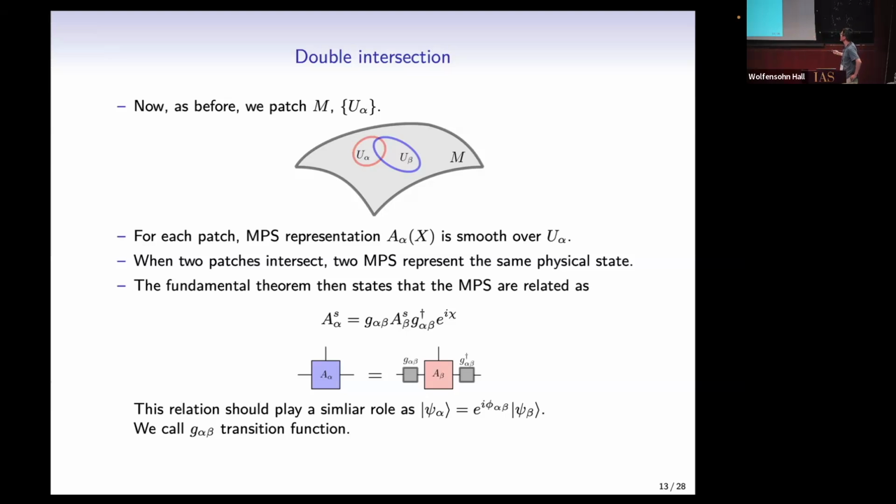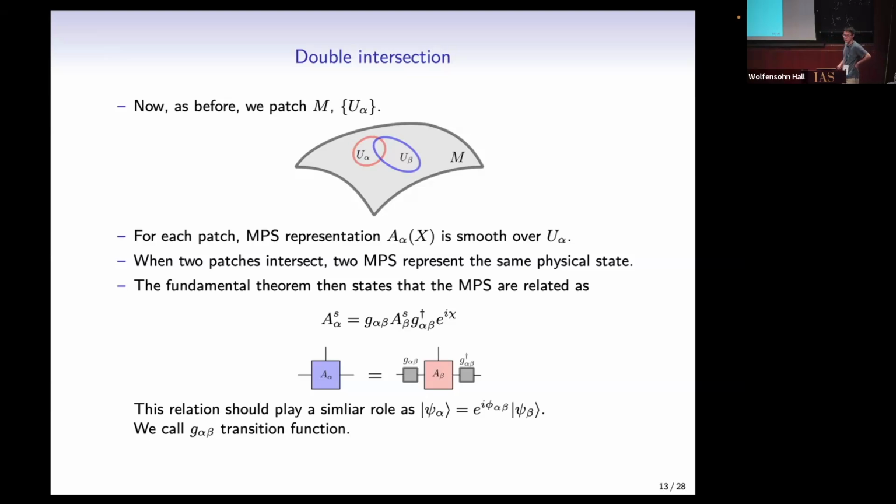As before, I may have to patch the parameter space. So I put this index alpha to represent that this is A in the patch U alpha, and then I have such patches. Okay. So anticipating once again that we may not be able to make a very smooth choice of the matrix product state for the entire parameter space. Okay. So the first thing to consider is what could happen if these two patches intersect with each other.